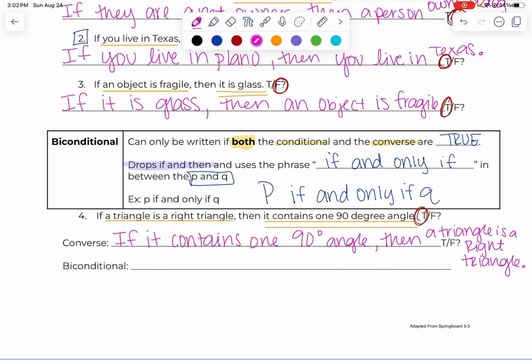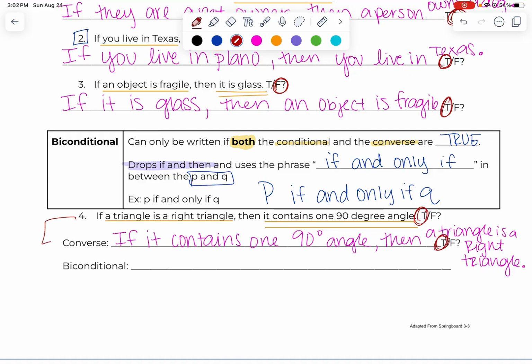All right, so if it contains one 90-degree angle, a triangle is a right triangle. Is this statement true or is this statement false? This statement is also true.